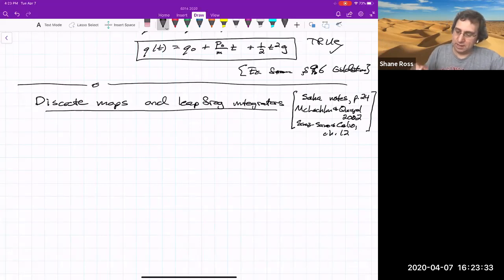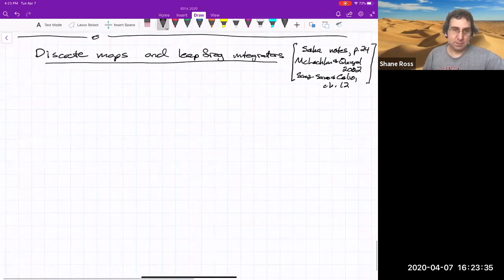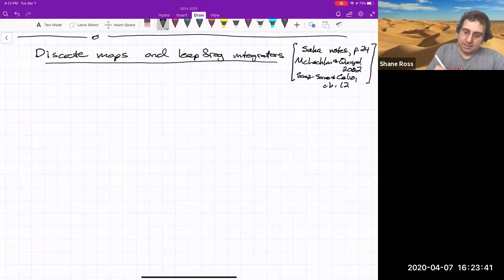All right, so the idea, at least for leapfrog integrators, is that you want to come up with a numerical method to solve for the motion of a system described by a Hamiltonian. This Hamiltonian is complicated to solve, let's say, but you can decompose it into the sum of two Hamiltonians.